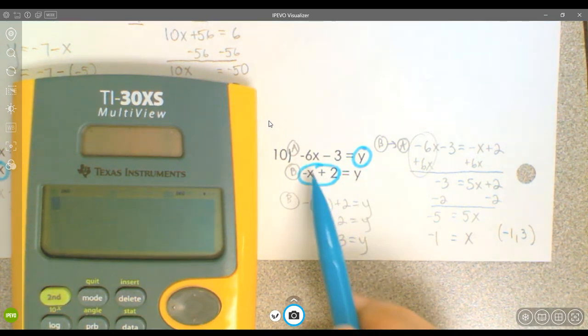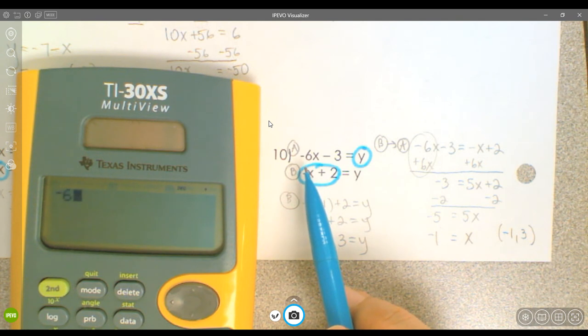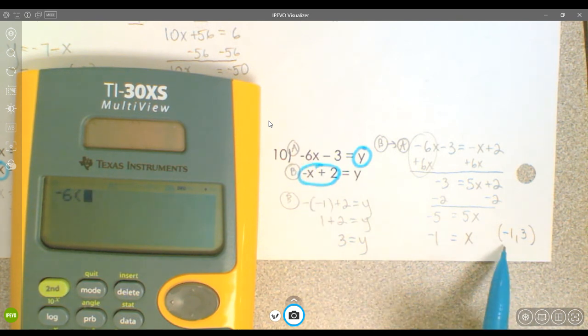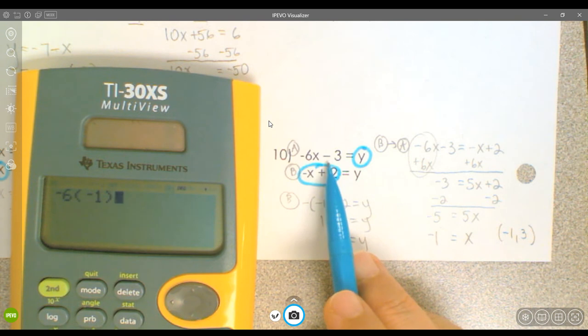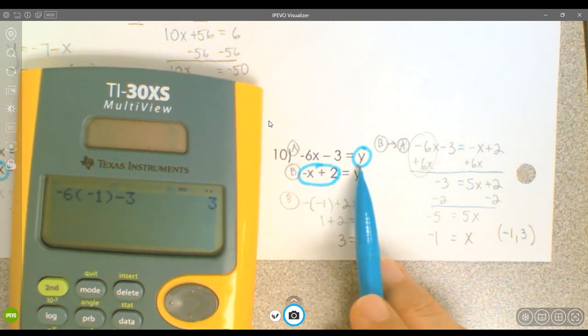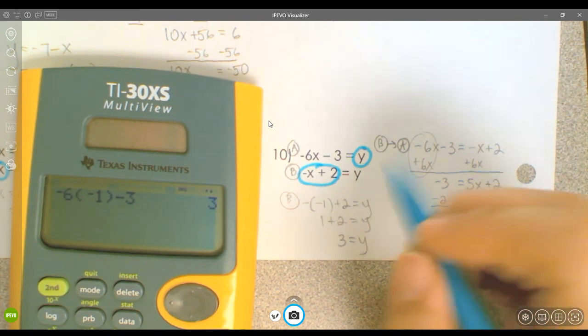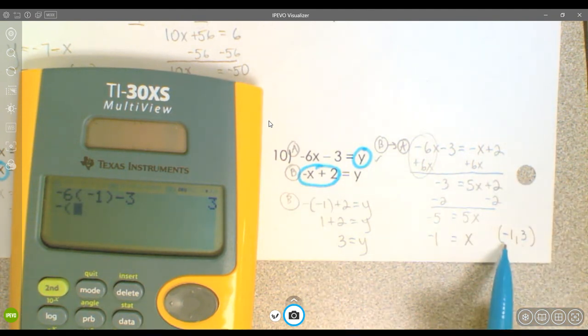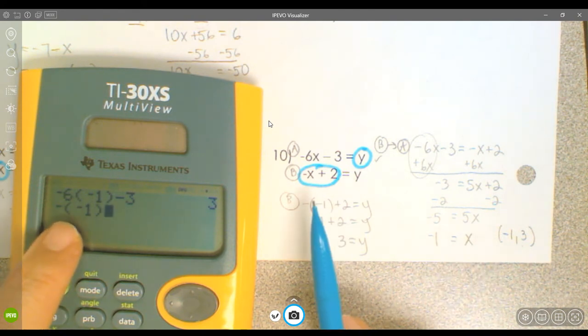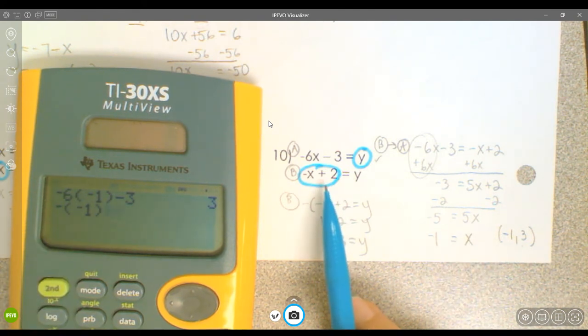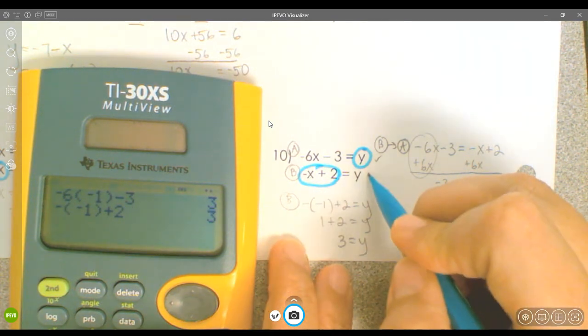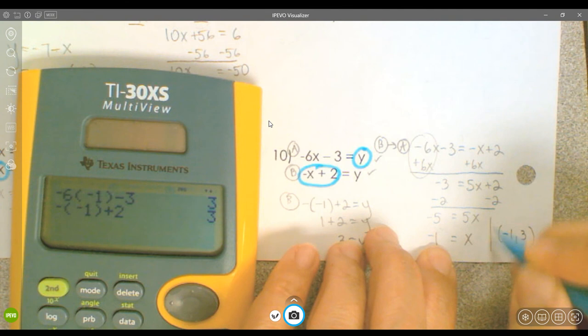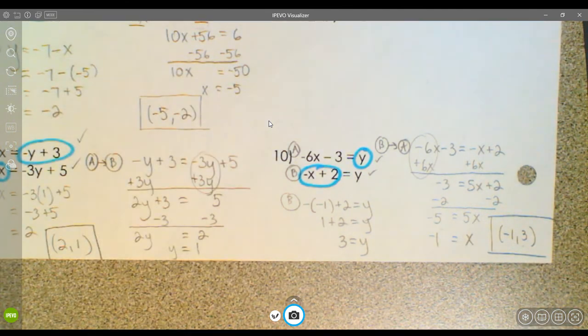We're going to take negative 6 times x, which is negative 1, minus 3, and I'm going to get 3. I did, so that one checks. Then I'm going to take the negative of x, which is negative 1, negative of x plus 2, and I should get y, which is also 3. So that's right. So I know this is my right answer.